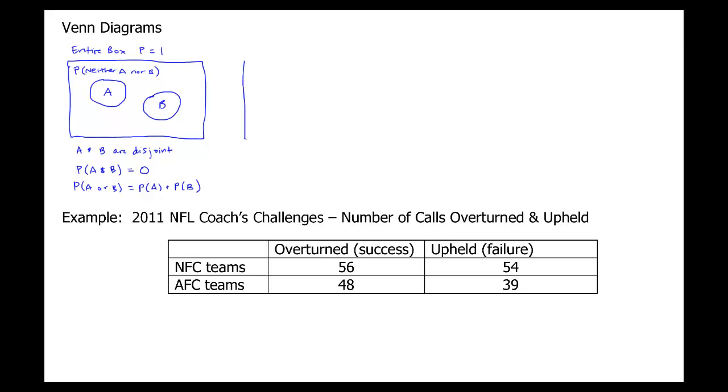So the other example is if we have events that can happen at the same time. So then we would have the probability of A and event B, and the overlapping space is the probability of A and B. Okay.